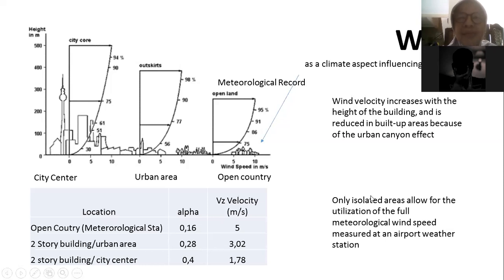According to the wind, wind direction and wind velocity are aspects of the climatic condition.